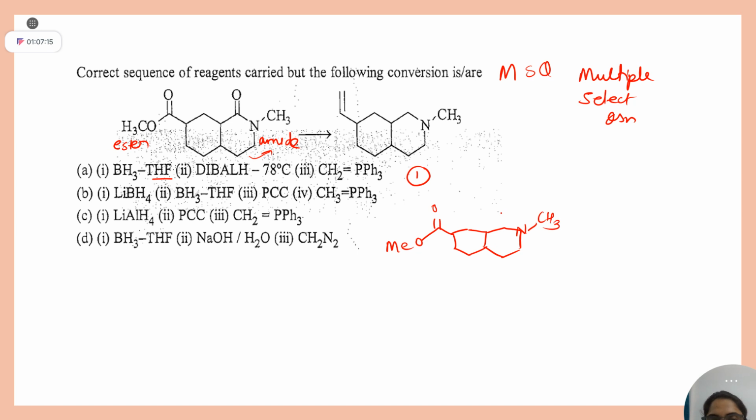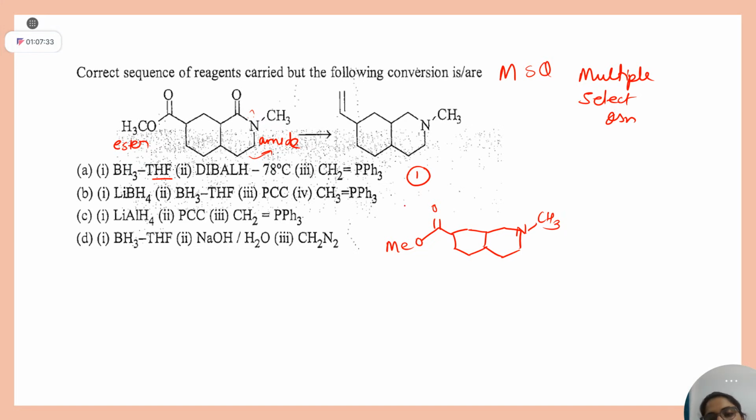I hope you know the mechanism of why amide goes to amine. Let's say it delivers hydrogen here also. This nitrogen lone pair will push and again OH will knock off. Then it will reduce that imine.